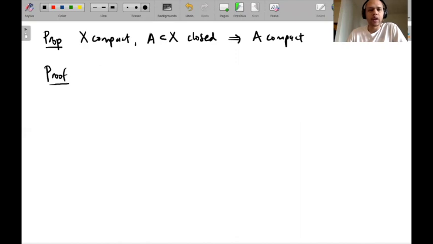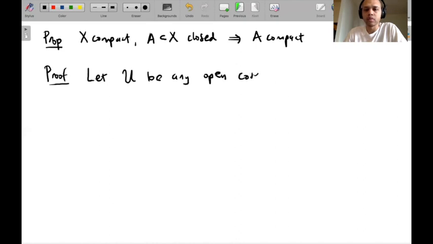So we're going to do this using the definition. So we start with an open cover of A, and we need to find a finite subcover. So let U be any open cover of A. And so somehow we have to find a finite subcover.